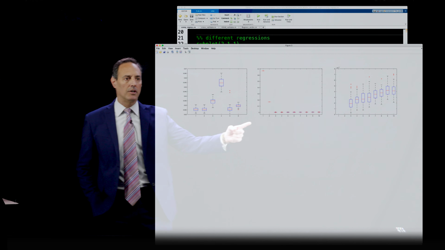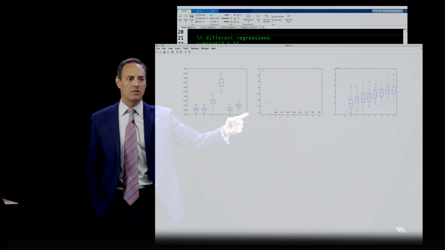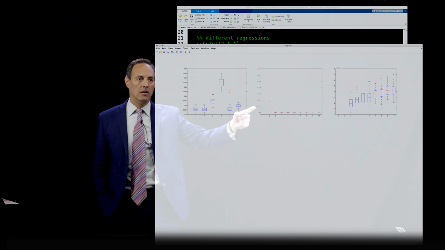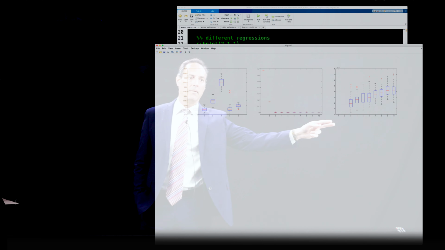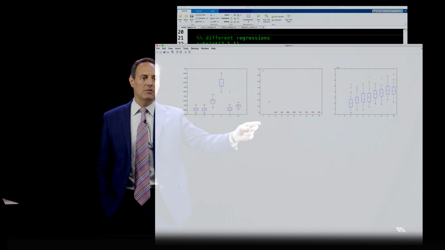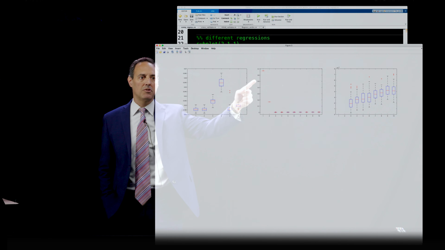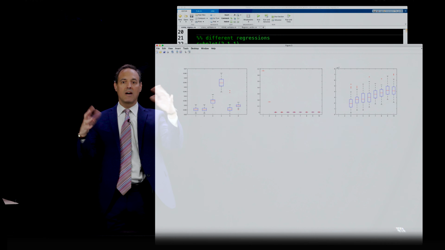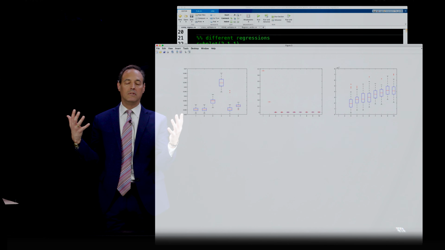So what I'm showing you here is fitting up to degree 10 polynomials. This is the error versus the degree of polynomial I pick. If I just pick a constant, this is my error. It's pretty high. So in other words, a constant does not fit that parabola very well.